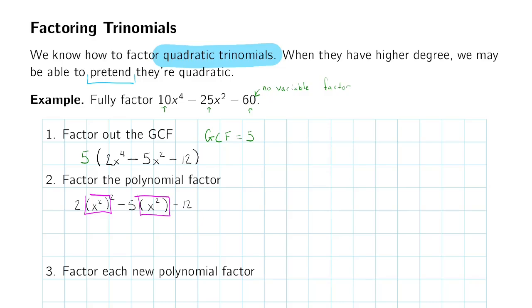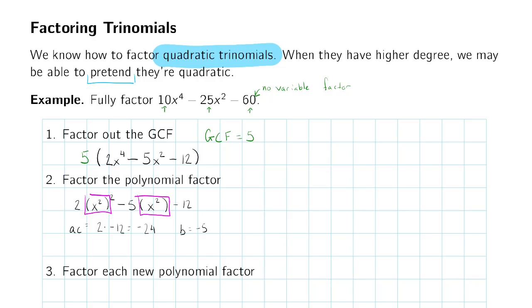What's the point? Well, I can use the AC method when the variable in one term is the square of the variable in another. I can say AC is 2 times negative 12, which is negative 24, and B is negative 5. So I need to find two numbers that multiply to give me negative 24 and add up to give me negative 5.